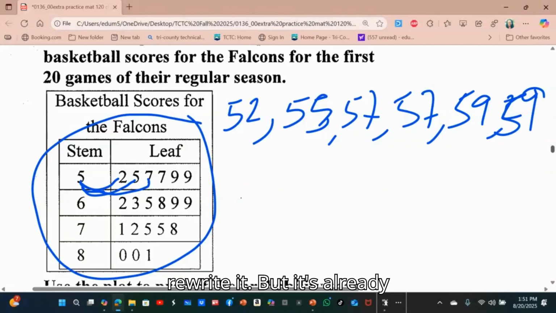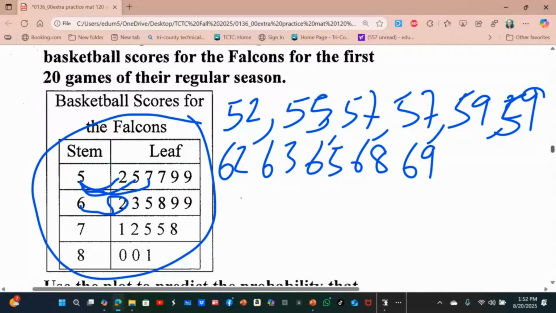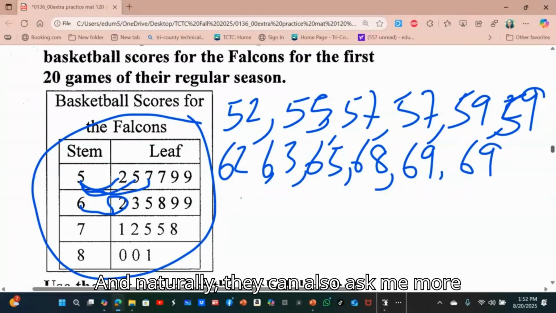But you know it's already arranged in ascending order. Now this is 62, 62, 62, 63, 65, 68, 69, and 69 again.